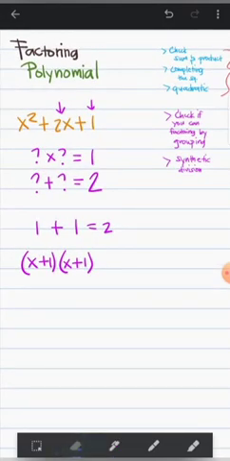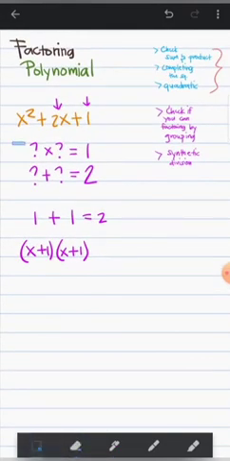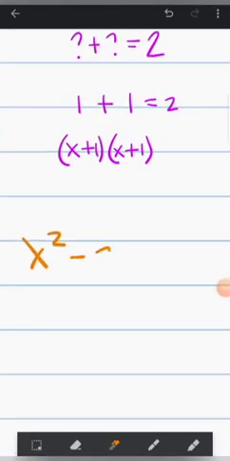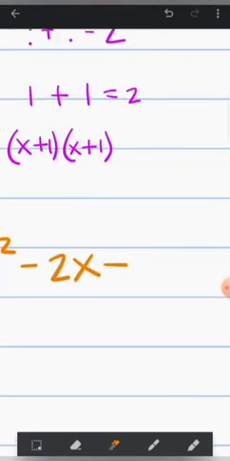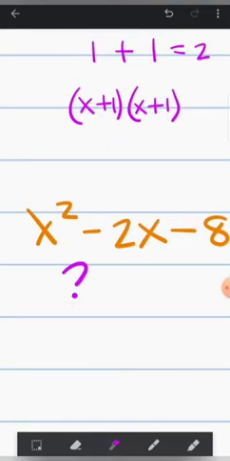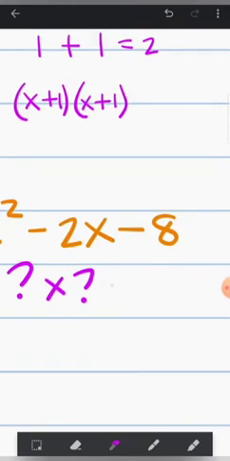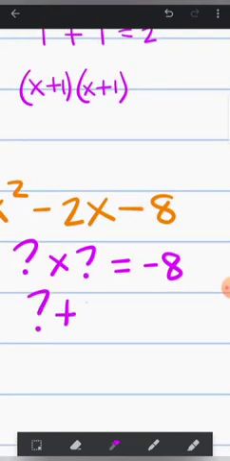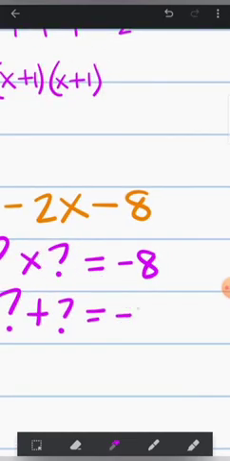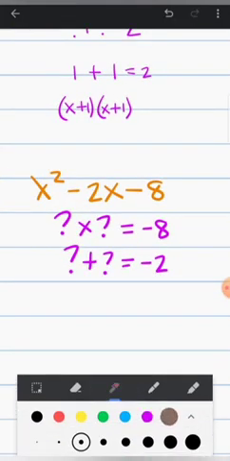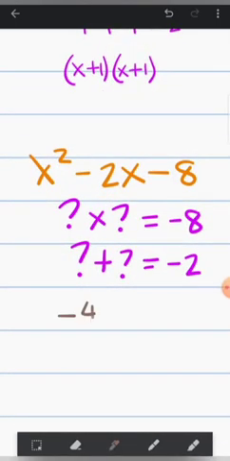That's sum and product. So our next example would be x squared minus 2x minus 8. And again, our goal is to find two numbers that if we multiply together will give us negative 8, and if we add, will give us negative 2. So those numbers are negative 4 and positive 2.